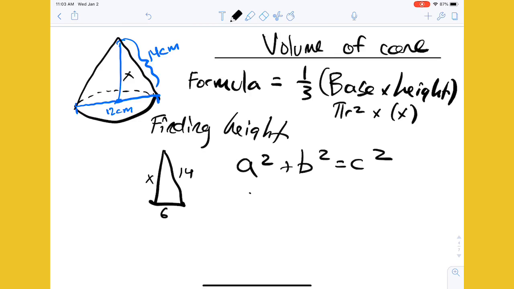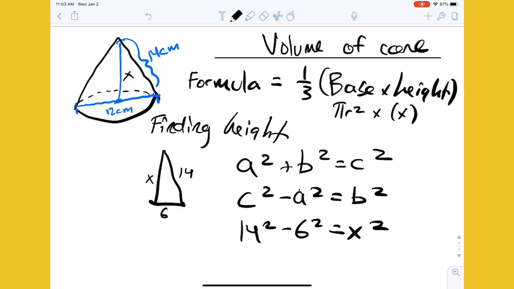And we rearrange that, so c squared minus a squared equals b squared. And in this case, replace those with values. So now, finally, c squared, 14 squared, minus 6 squared equals x squared.